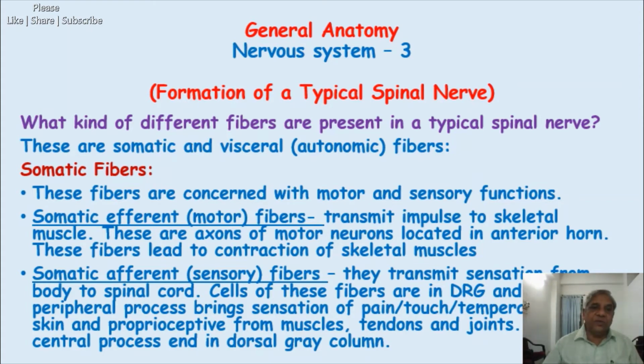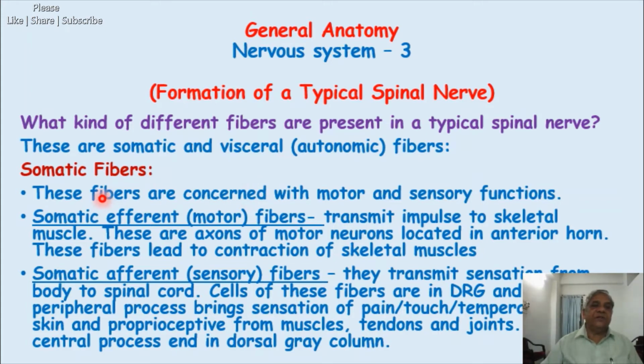Now this spinal nerve will contain both types of fibers, somatic and autonomic or visceral fibers. Let us see first the somatic fibers which are present in a spinal nerve, and then we will see what autonomic fibers are present in the spinal nerve.